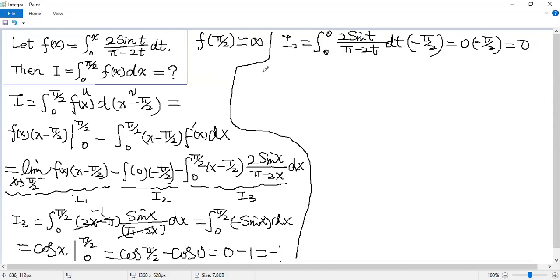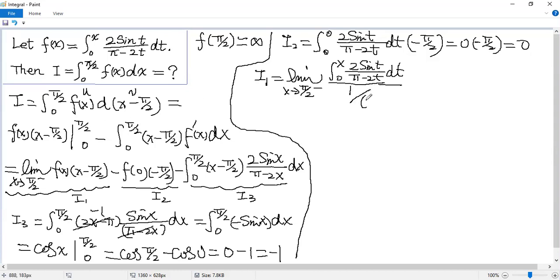Now let's look at I1. I1 equals the limit when x approaches pi over 2 from the left side. We put f(x) on top, the integral from 0 to x of 2 sin t over pi minus 2t dt, and the second factor I write as 1 over x minus pi over 2.